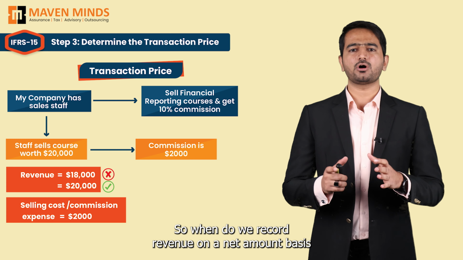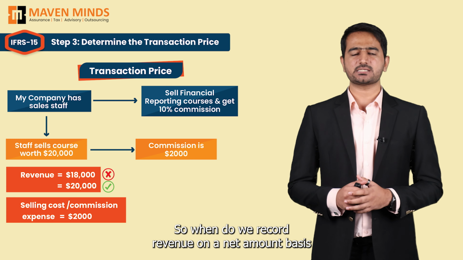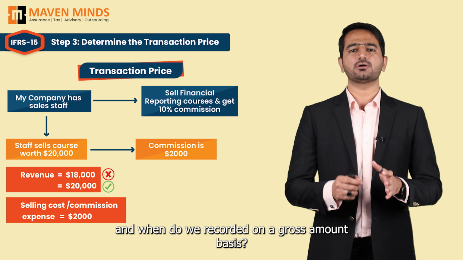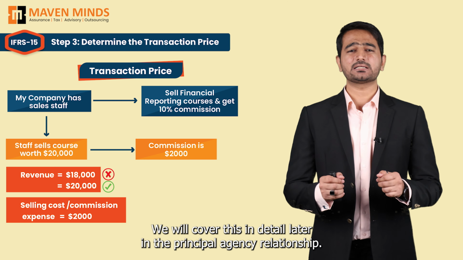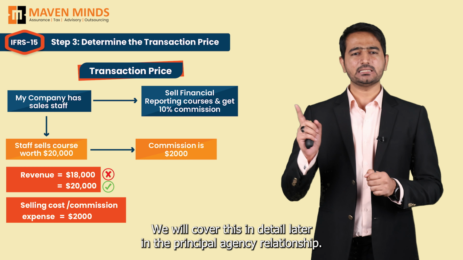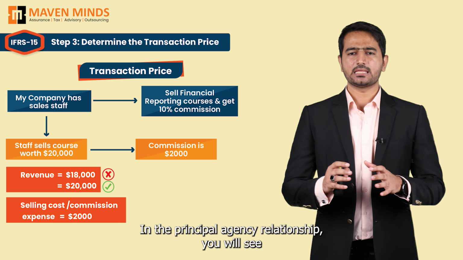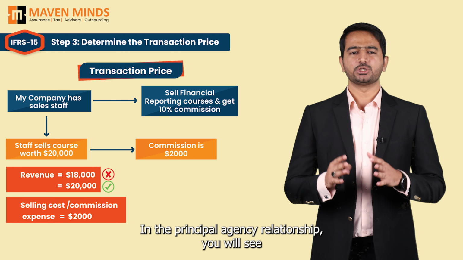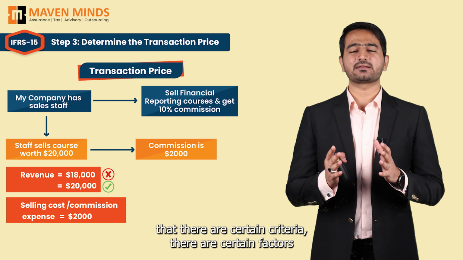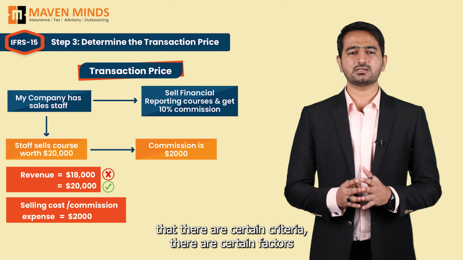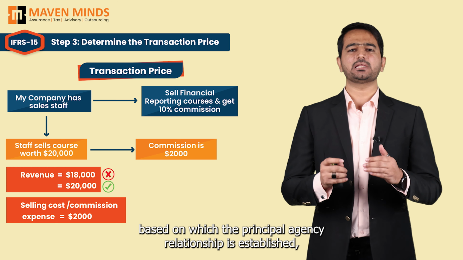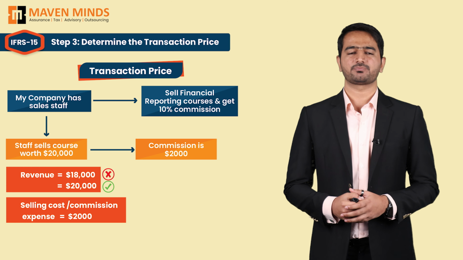So when do we record revenue on a net amount basis and when do we record it on a gross amount basis? We will cover this in detail later in the principal agency relationship. In the principal agency relationship, you will see that there are certain criteria, certain factors based on which the principal agency relationship is established.